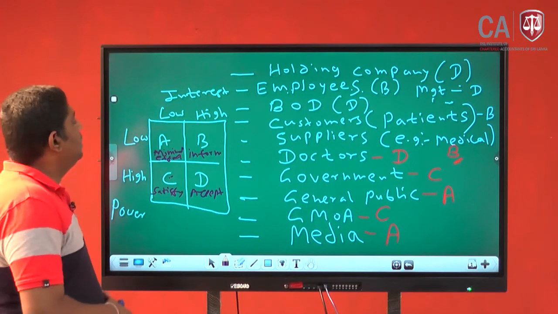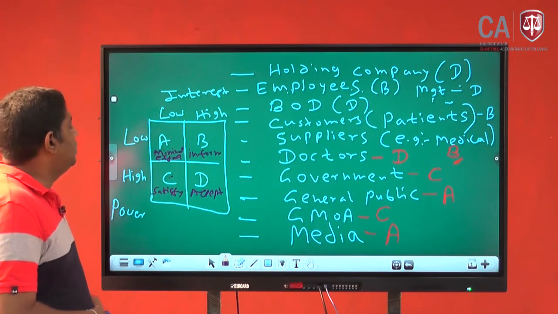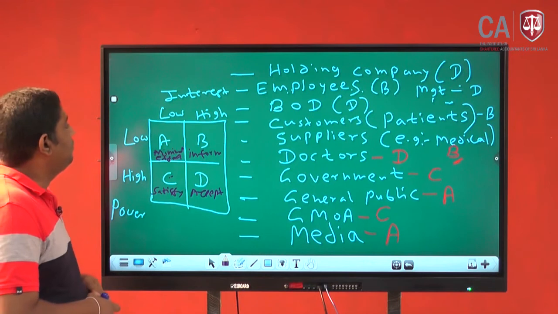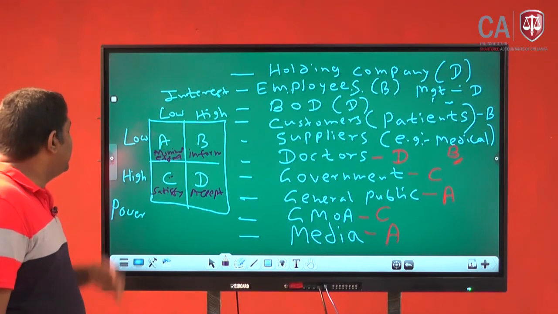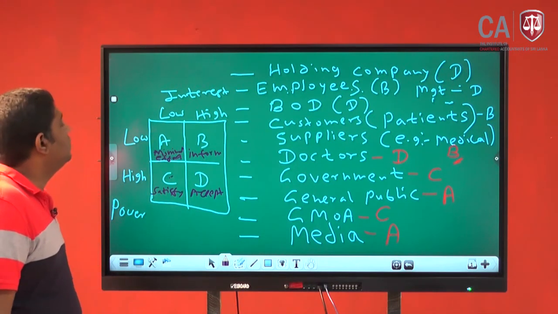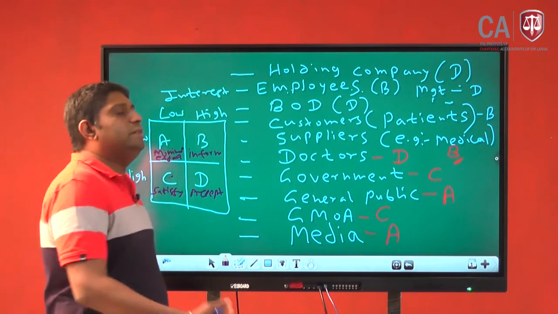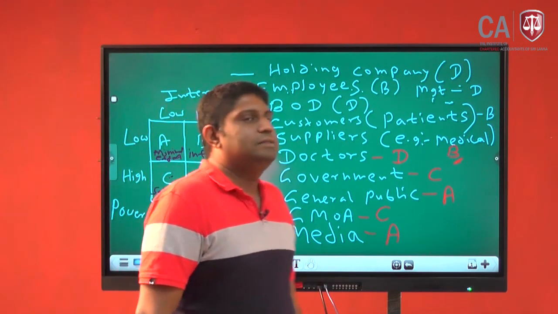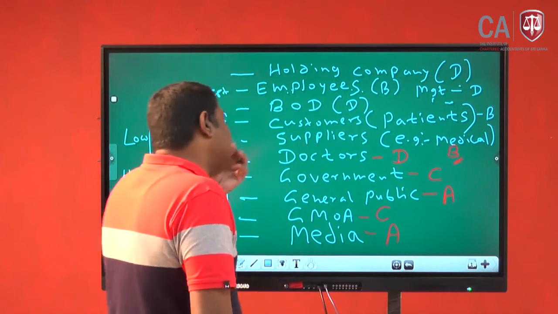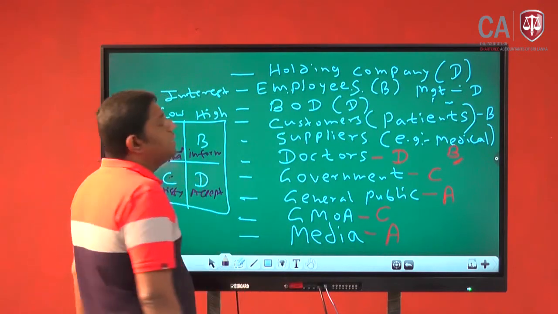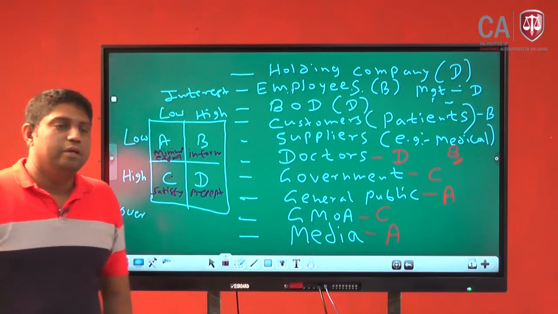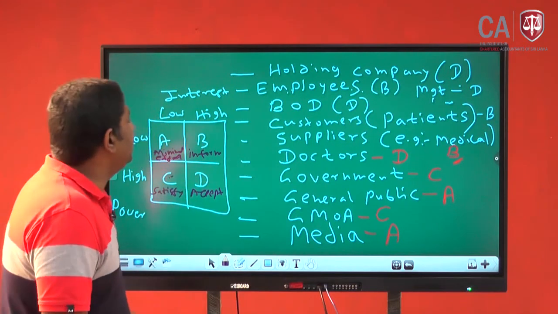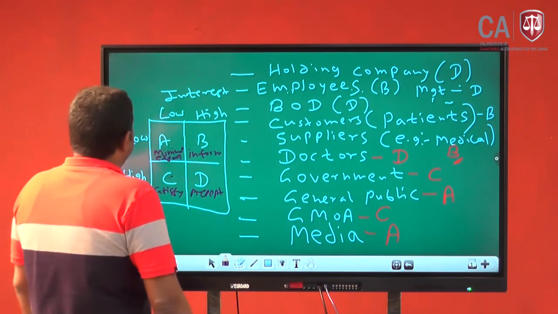Then C, parties like government, GMOA, are also very important parties. So, we have to treat them with care, since at any time they may move to D by increasing their interest. Therefore, we have to satisfy their requirements.